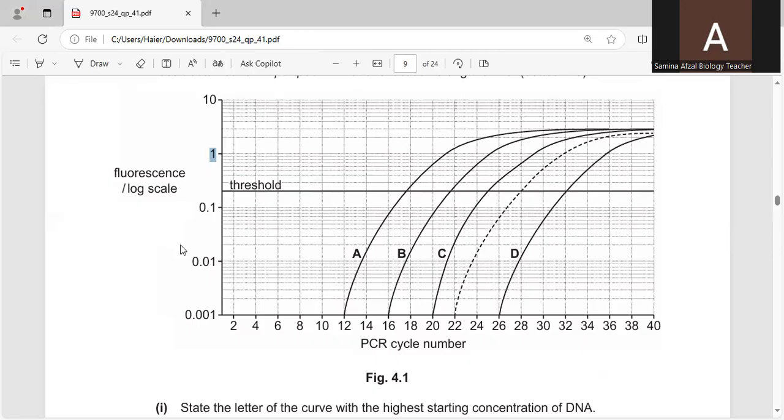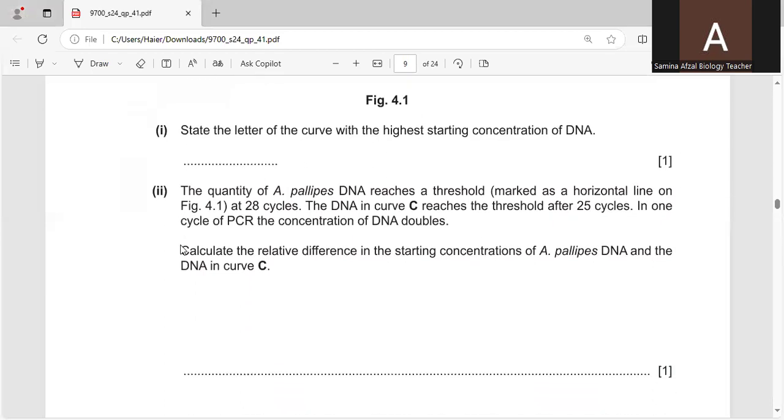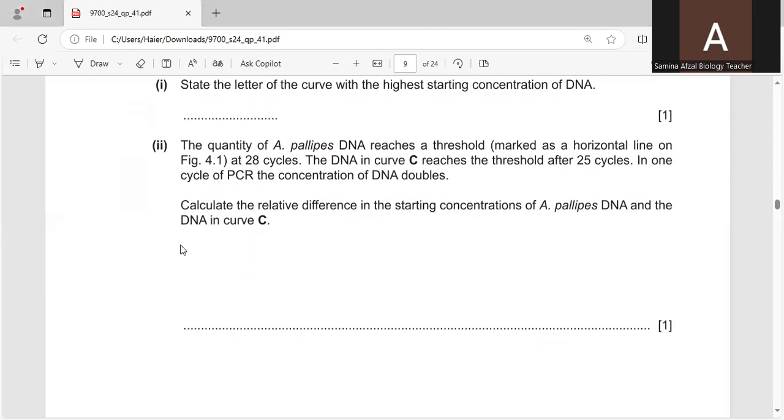So it becomes double. So we can write it in this way: it becomes 2, 2, 2, or in simple words, 2 raised to the power 3. So we can write it in this way.